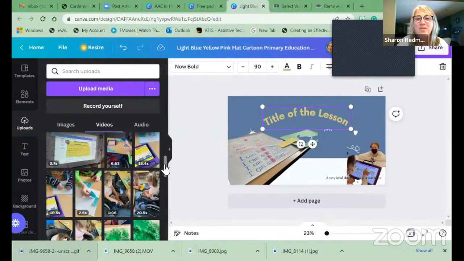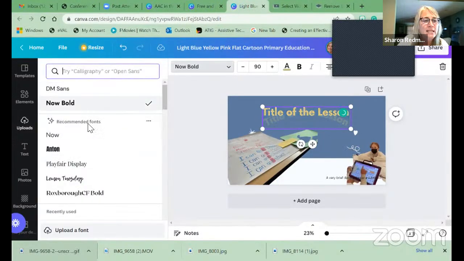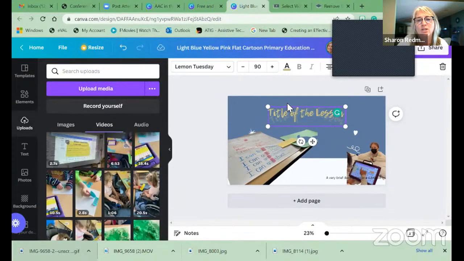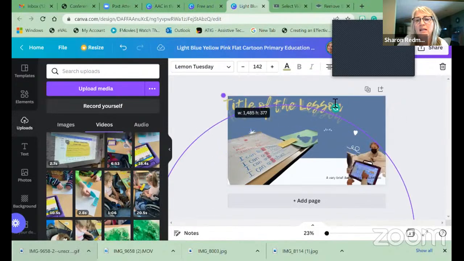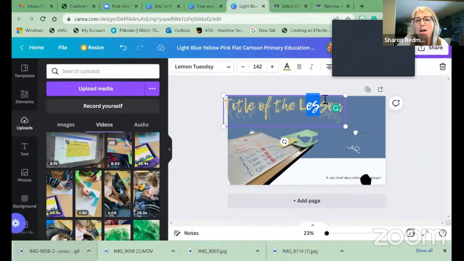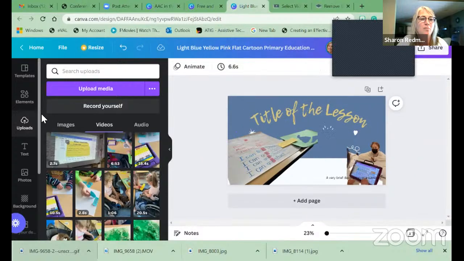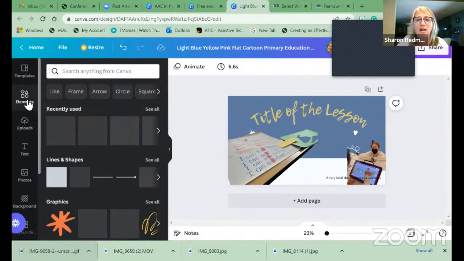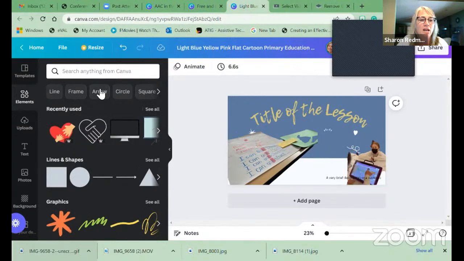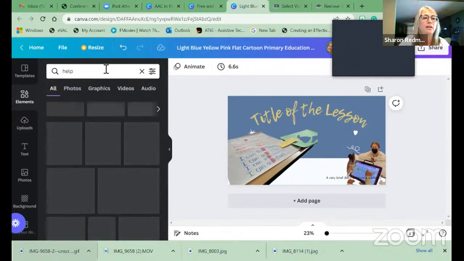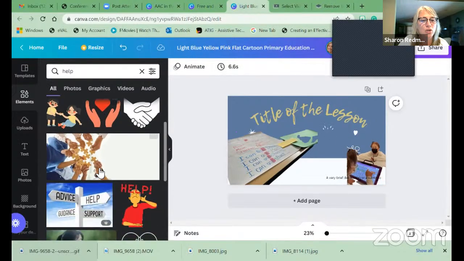So here then they get to choose what kind of print they want. We go through that, they get to choose how big it is, what color they want. All of these items are then chosen. Maybe they want to put in an element of help, so they can choose that.